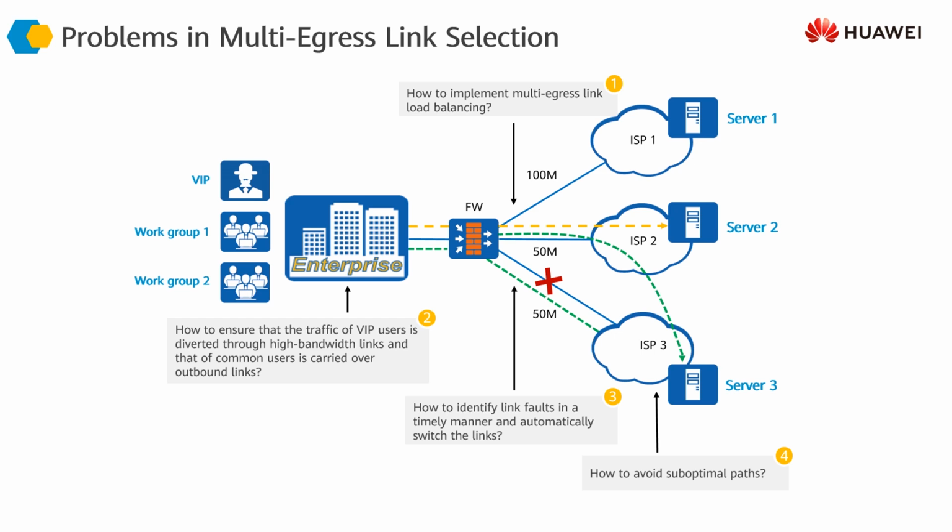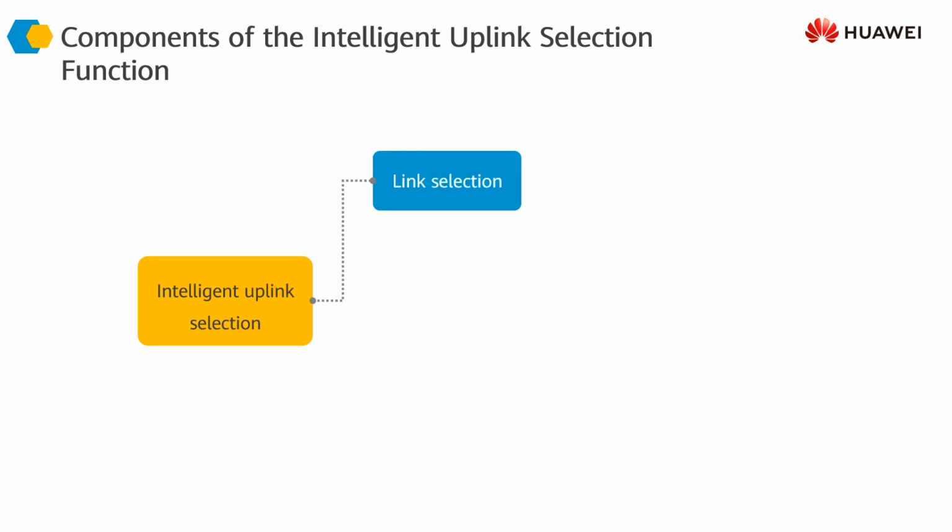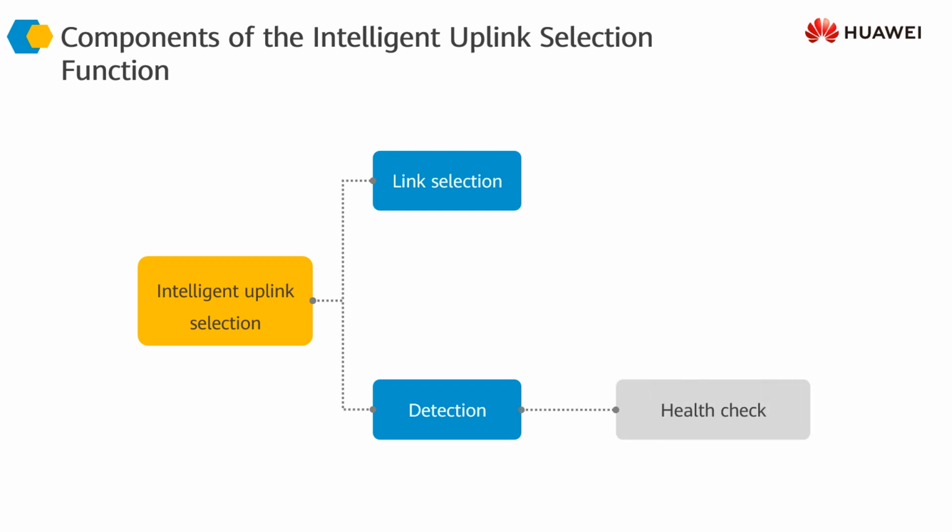If you look at the different techniques that are available in order to implement intelligent uplink selection, on one side we have the link selection methods, and on the other hand we have the link quality or link health detection mechanism, through which we do a health check on the links that are available to us.